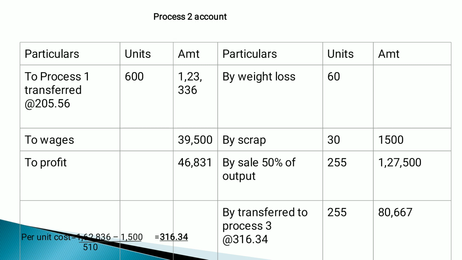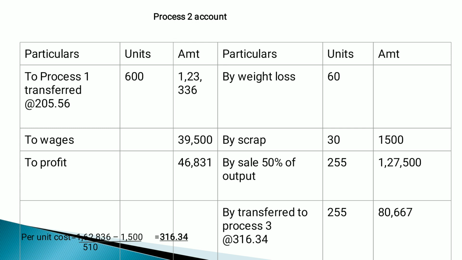By sales, 50 percent of the output, so the units is 255 and the amount 1,27,500. And the rest we will find out in the same way as used before in process 1: the per unit cost. So we take 1,62,836 minus 1,500 divided by 510, which is equal to 360.